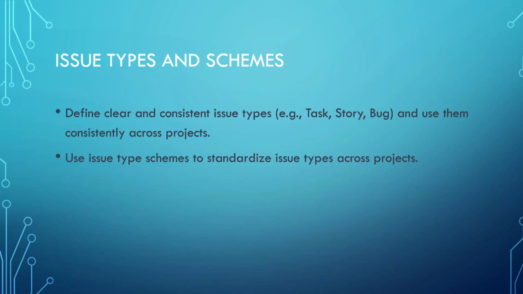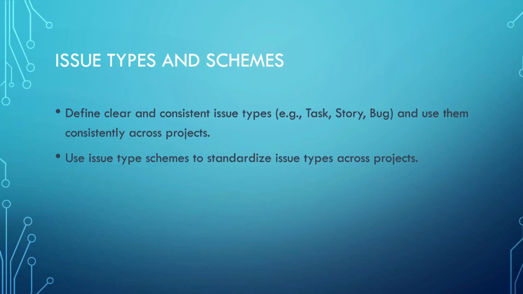All right, practice number two: issue types and schemes. First of all, you need to define clear and consistent issue types and use them consistently across projects. What does this actually mean? It means that you really use these issue types within your project.